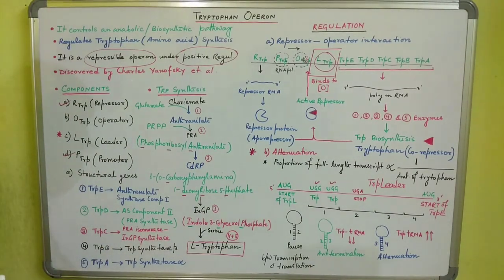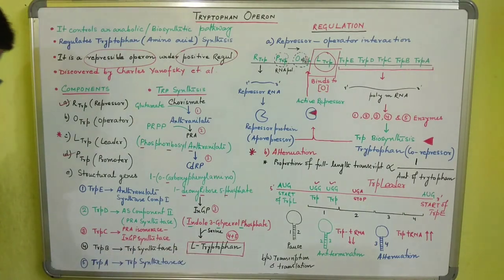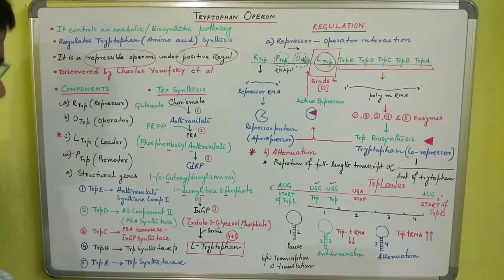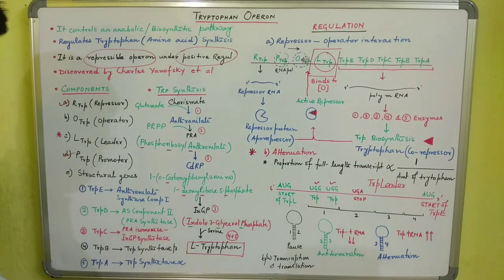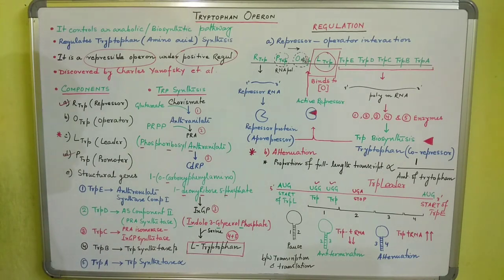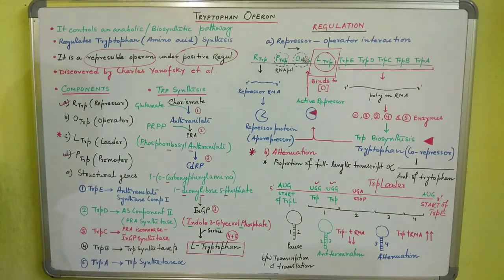Now trpC helps in the synthesis of PRA isomerase and InGP synthetase. The full form I will tell you later on. The trpB and trpA genes express themselves in the form of tryptophan synthetase beta and alpha respectively. So 5 genes help in the synthesis of 5 different enzymes. Okay, so they express in the form of enzymes.